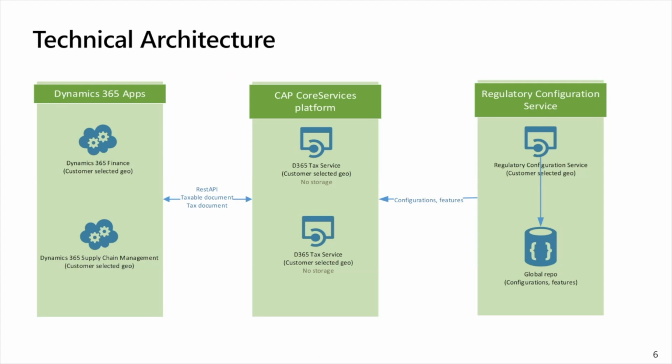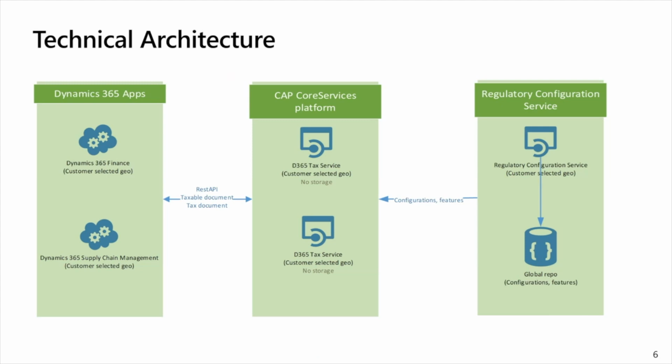One is the regulatory configuration service. It's on the far right part. This is the place where the user will do the configuration work. The configuration work includes configuring how tax will be calculated and how tax will be determined.